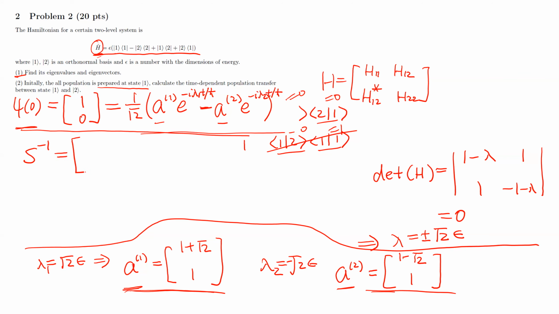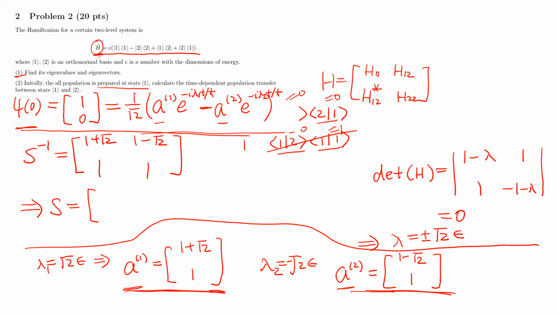That comes from these eigenvectors in the old basis: we put 1 plus square root of 2, 1 as one column, and 1 minus square root of 2, 1 as the other column. So this is the inverse of the transformation matrix, and then you can use any method to invert it.